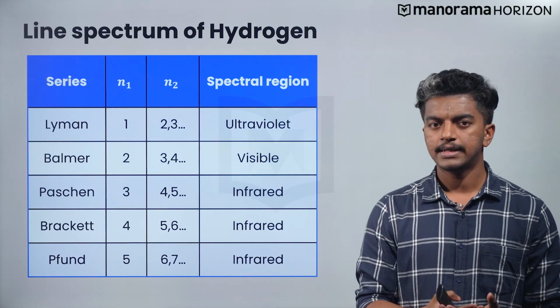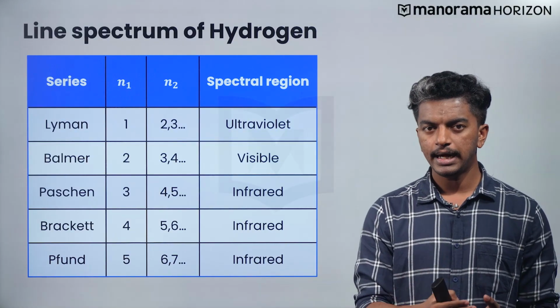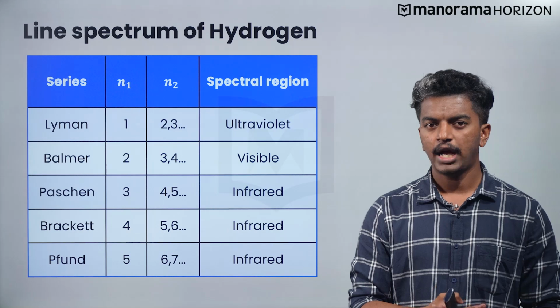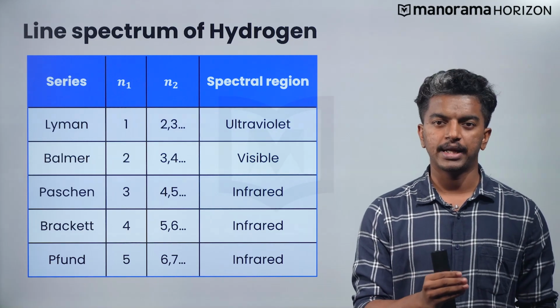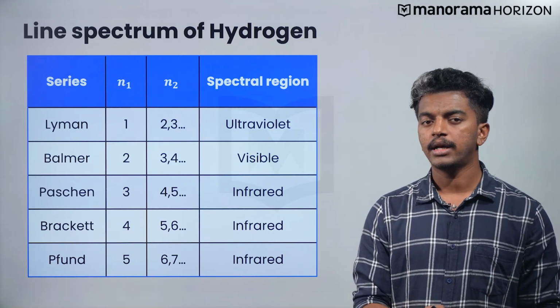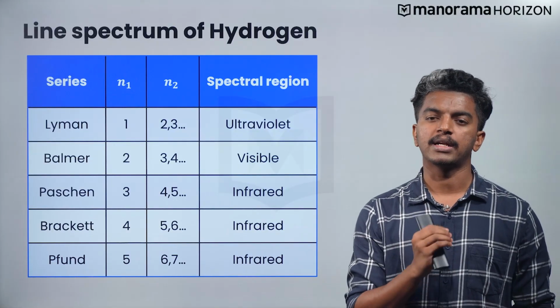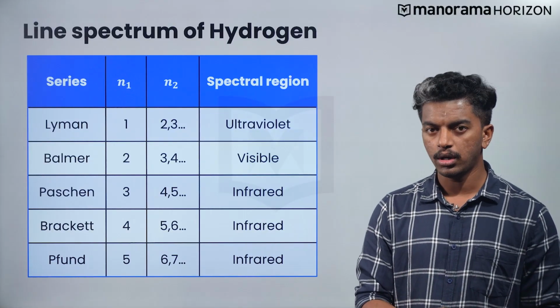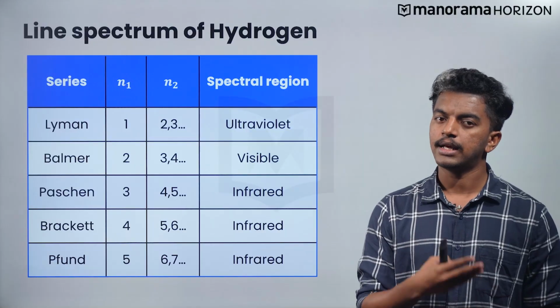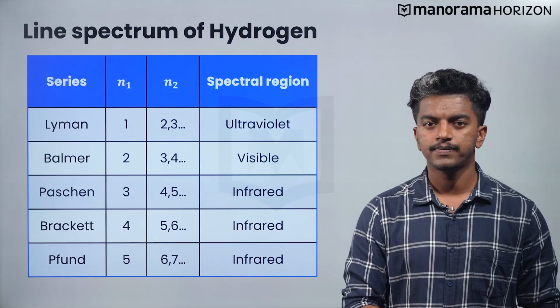For the Balmer series, the transition occurs from the third line onwards to the second line and falls in the visible region as we have explained in the last slide. Paschen, Brackett and Pfund series correspond to the infrared region in the electromagnetic spectrum. Here transitions occur to the third, fourth and fifth line respectively from the higher energy levels.